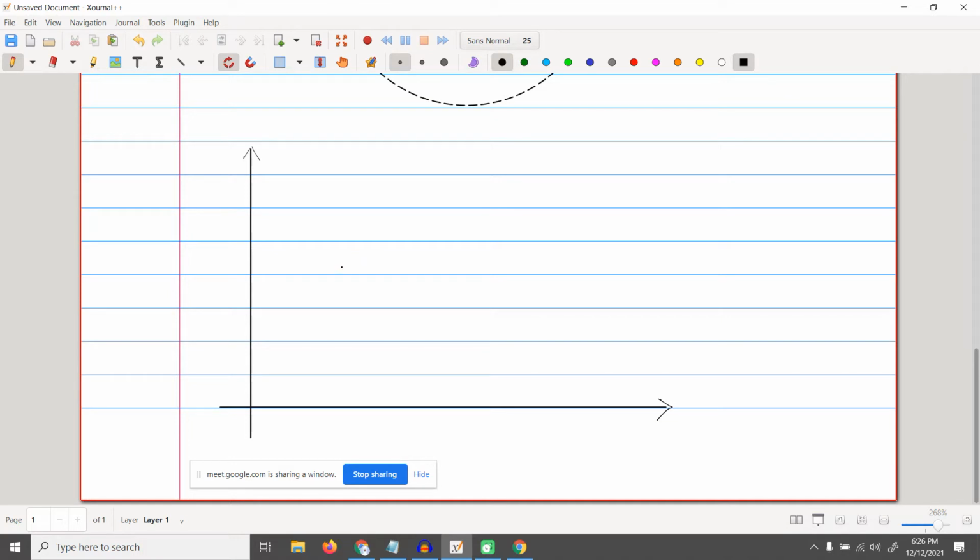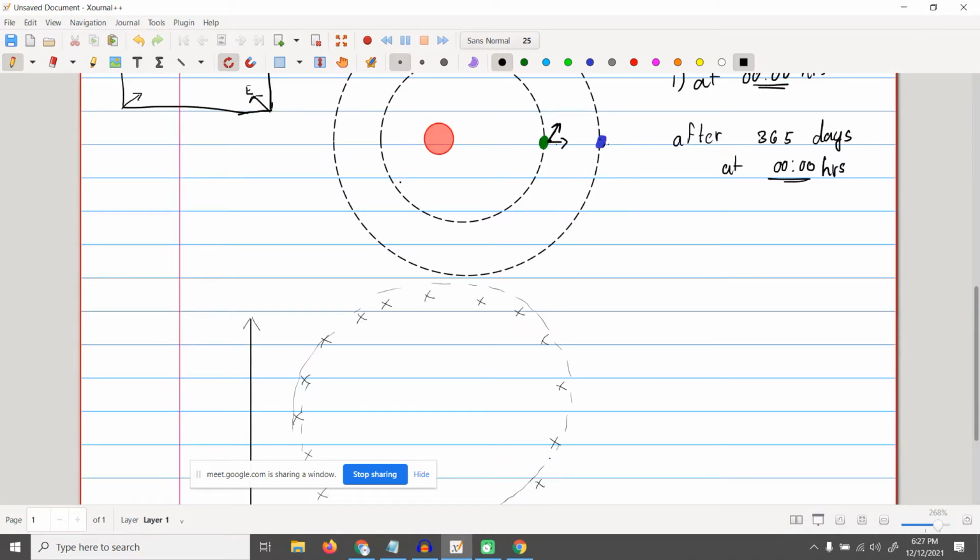But even if you say x and y coordinate, you're going to start plotting the position of Jupiter, and you should be noticing something like a circle. What kind of measurements will you do to get this particular ellipse? How will you measure the position of Jupiter first?